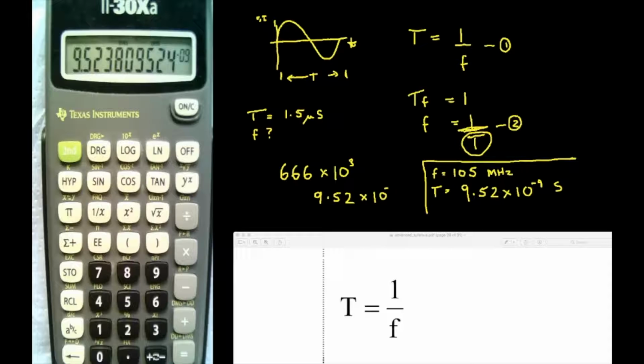Good. Right, we'll move on to the next equation. And here we have tau equals CR. Now, I've done an extensive video on time constants. I believe there is a little bit of confusion as to whether a T is used sometimes or tau is used.